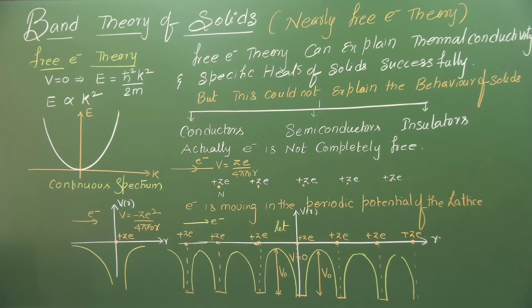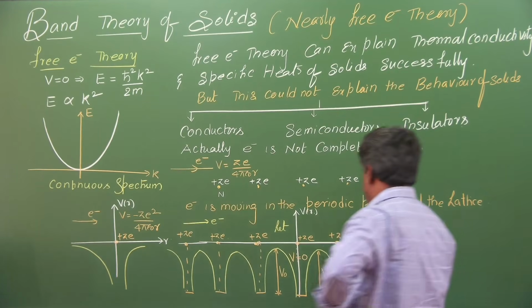So in the vicinity of the nucleus we got the potential well, and after that we have the potential barrier.